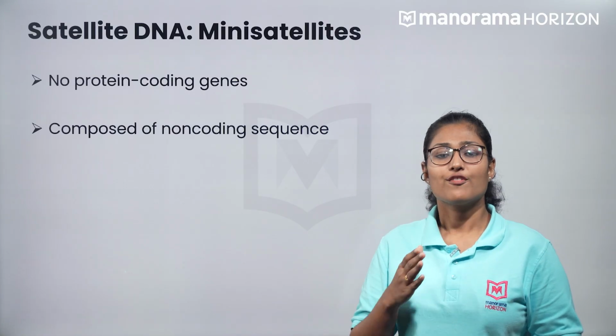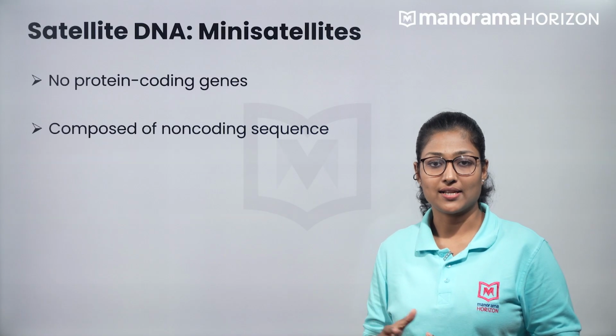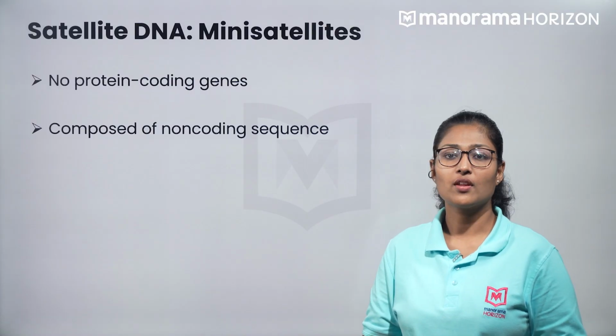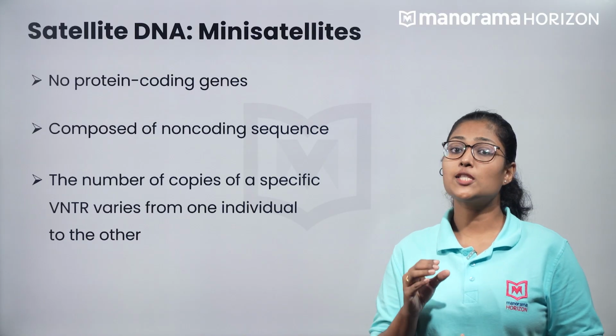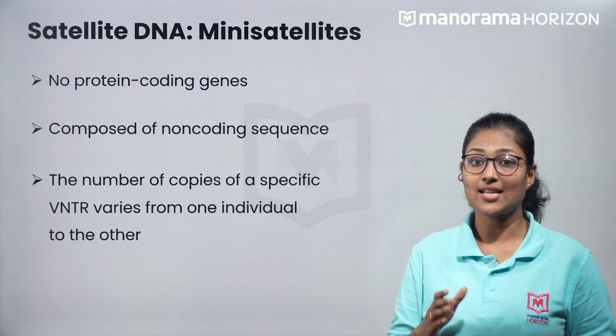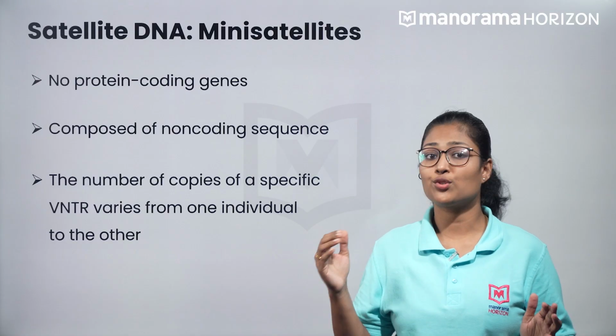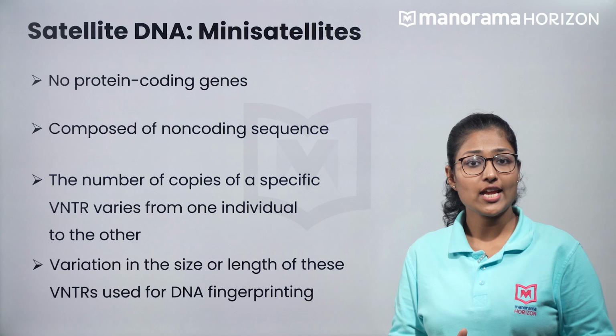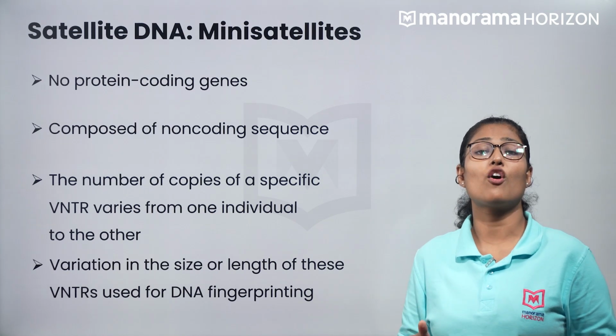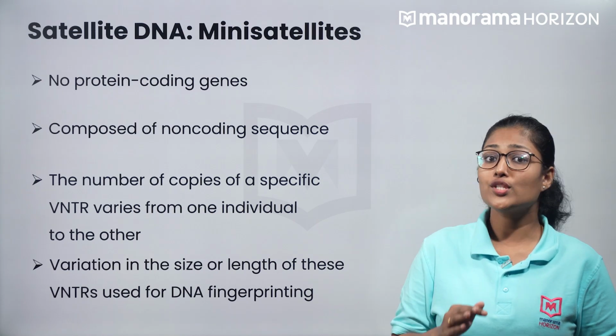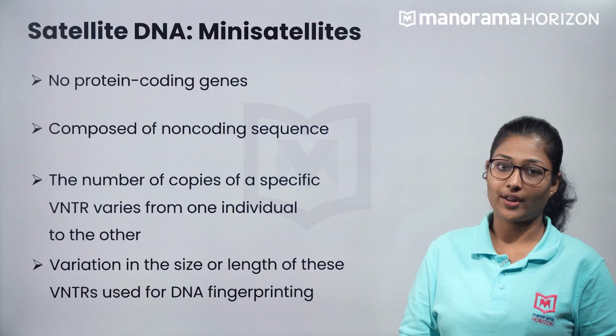It includes variable number tandem repeats, that is VNTRs. The number of copies of a specific VNTR present at the specific sequence varies from one individual to the other. So, variation in the size or length of these VNTRs was used for DNA fingerprinting.